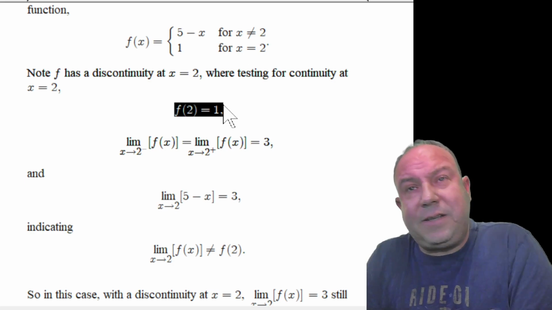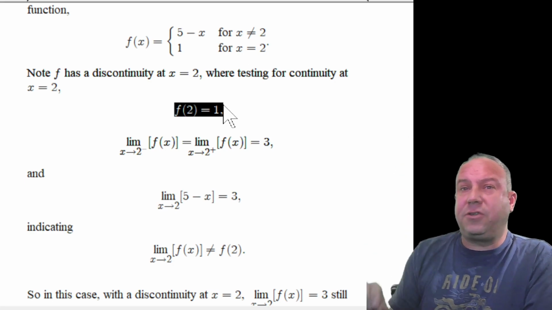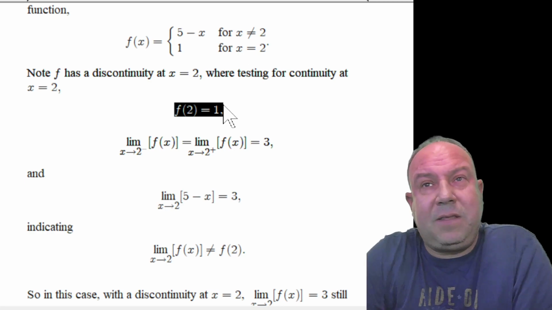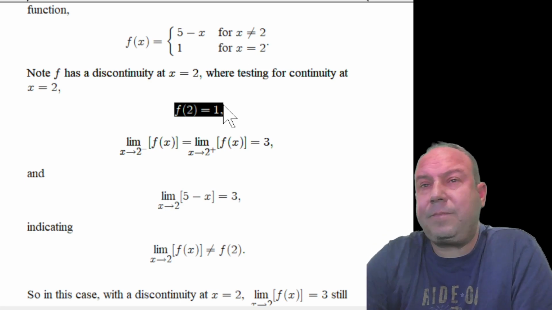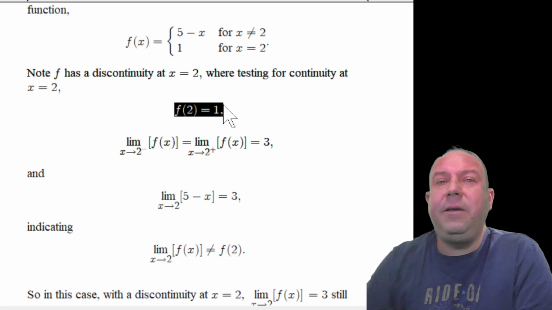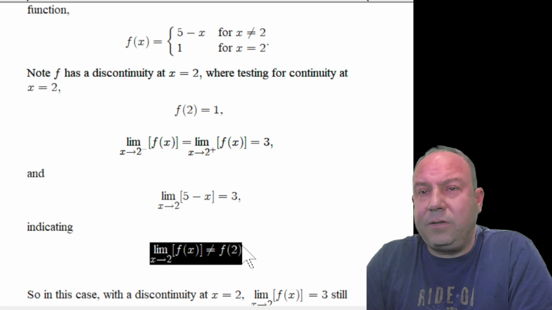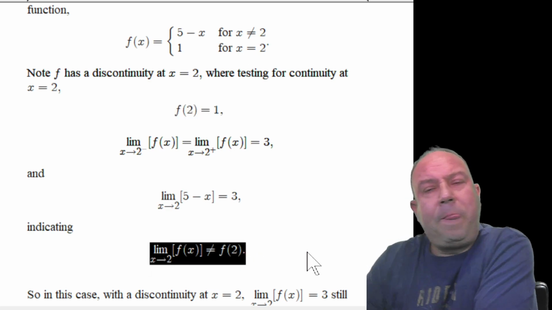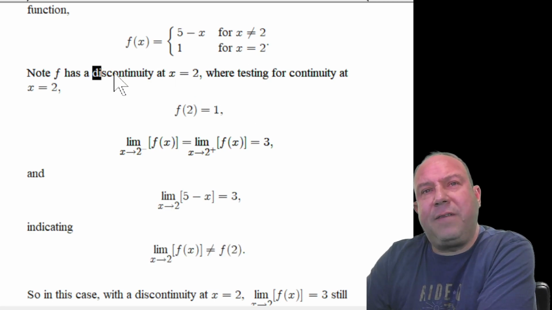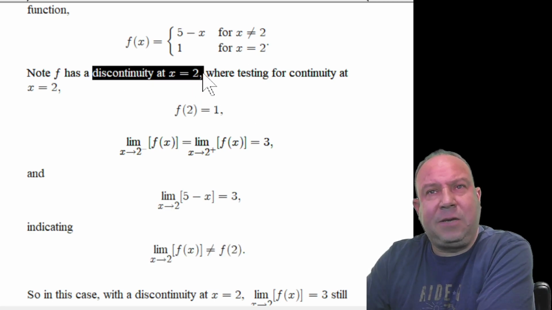The second criterion says that our function f has to be defined at 2. And it is. It's defined to be the value of 1. What criterion 3 says about continuity is that those two results have to be equal to each other, and they're not in this case.